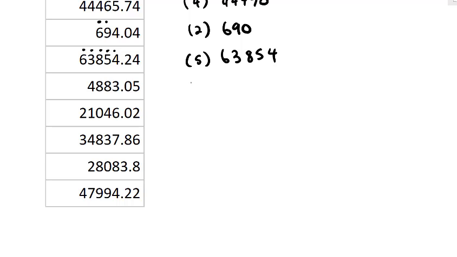Okay, let's go to 5 significant figures, so 1, 2, 3, 4, 5, you round based on this, so 4, 8, 8, 3.1. Okay, let's go to 3 significant figures, 1, 2, 3, rounds down, so 2, 1, 0, 0, 0.